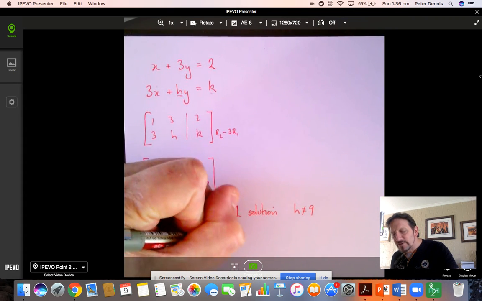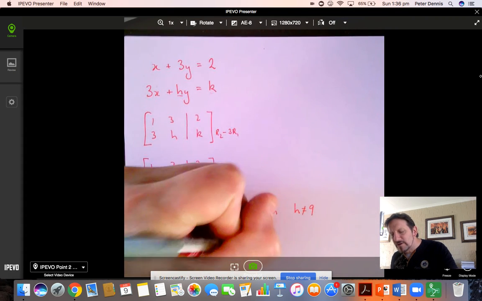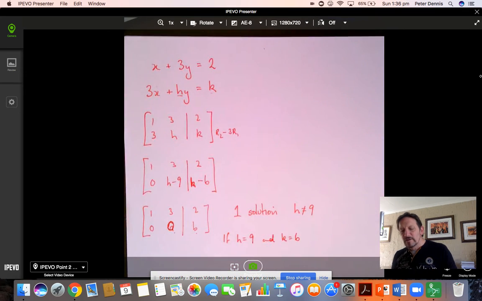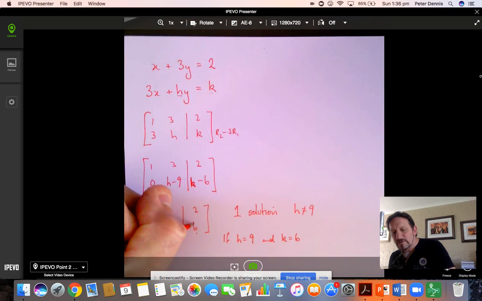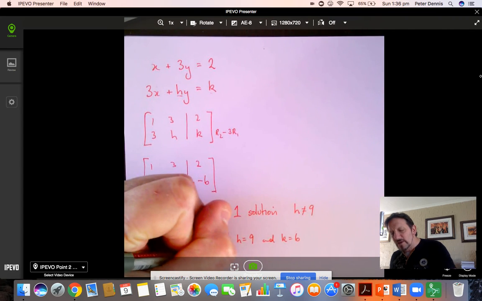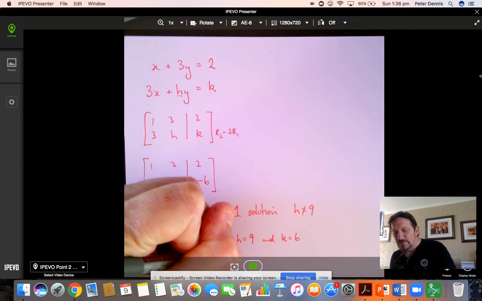If h equals 9 and k equals 6, then this becomes 1, 3, 2, 0, 0, 0. And that's fine. It just means because we've got two unknowns and really only one equation, this is going to give infinite solutions.